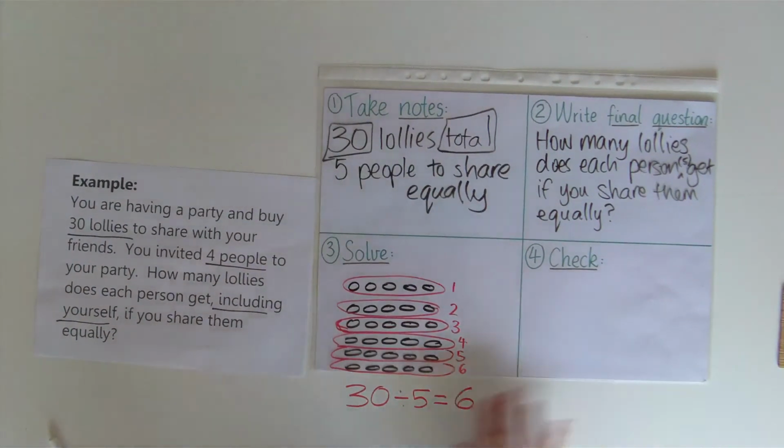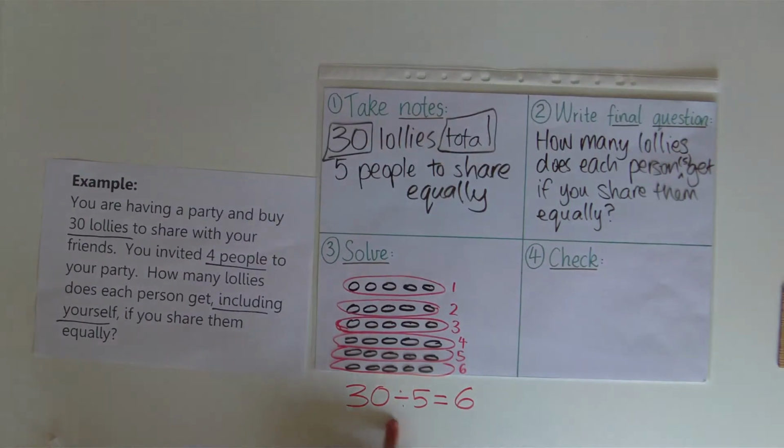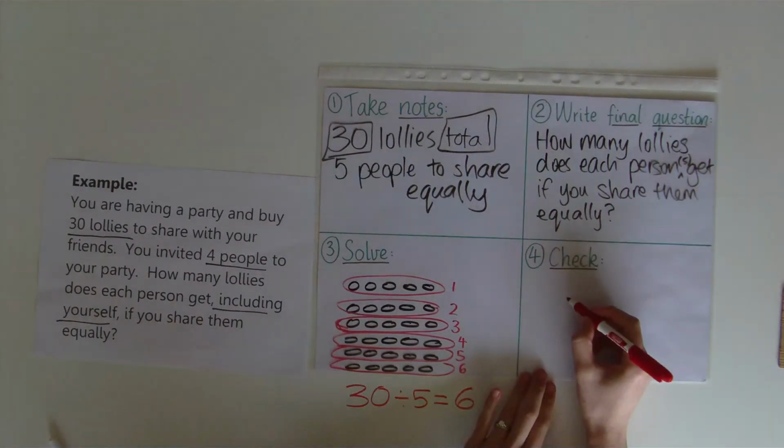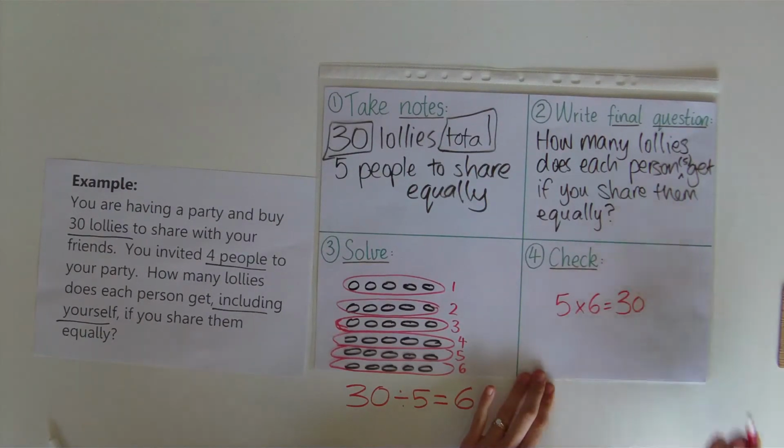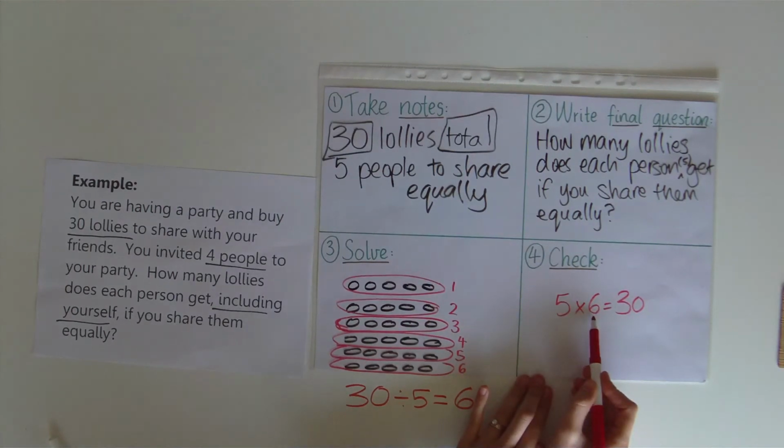There we go. And to check my answer, to check that 30 divided by 5 does in fact equal 6, I could go to a multiplication chart, or I could just do this. I could see, well, does 5 times 6 equal 30? And I can check. So then I can count in 5s 6 times.